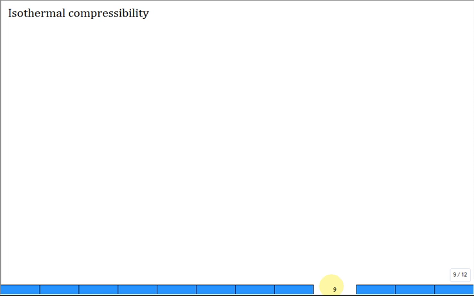Well, the next property is known as the volumetric compressibility. What is the definition of the volumetric compressibility coefficient? It's given the symbol kappa, and it's equal to minus 1 over the specific volume times the rate of change of specific volume with respect to pressure holding temperature constant.